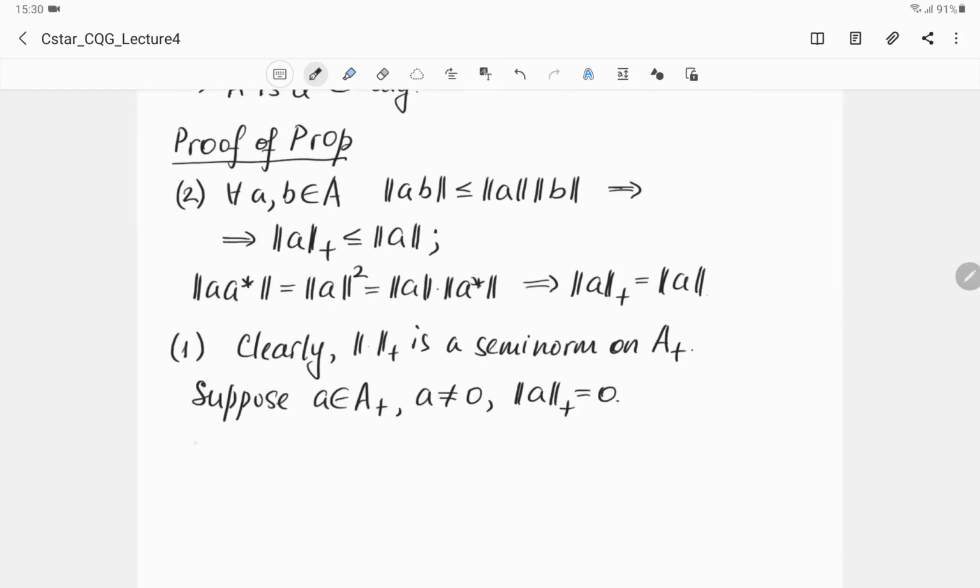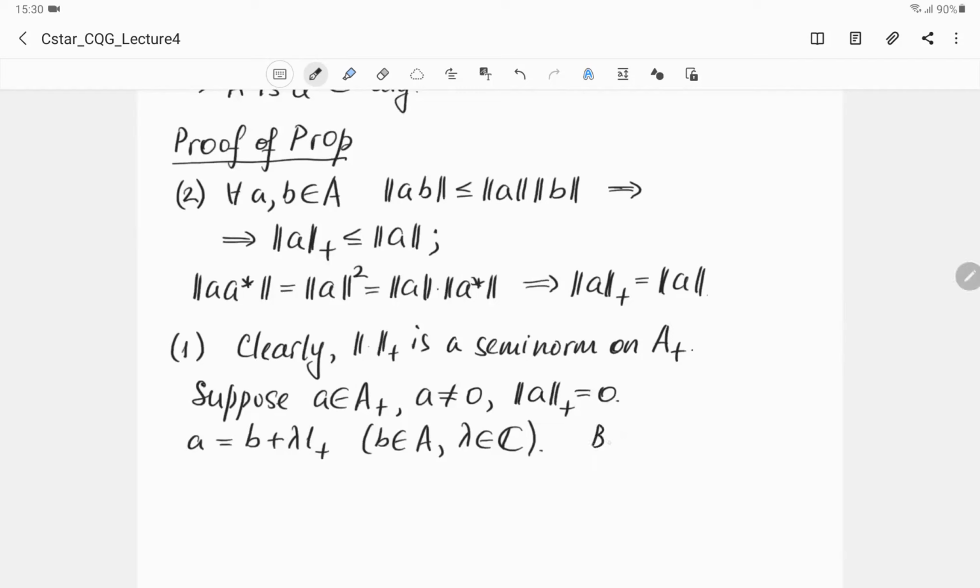So we write a in the following way: a is b plus lambda 1, where b is in our algebra, and lambda is a complex number. And observe that, so we assume that a is non-zero, this means precisely that lambda is non-zero.